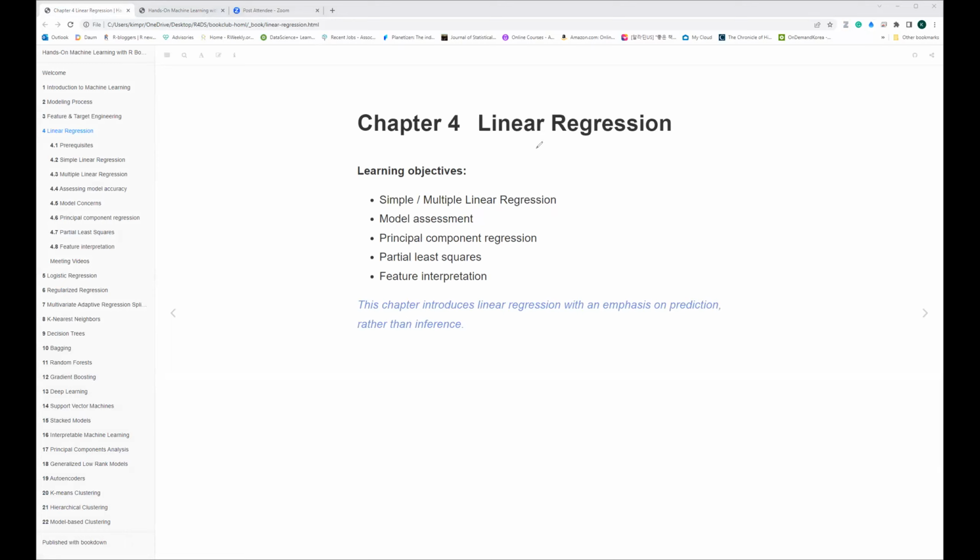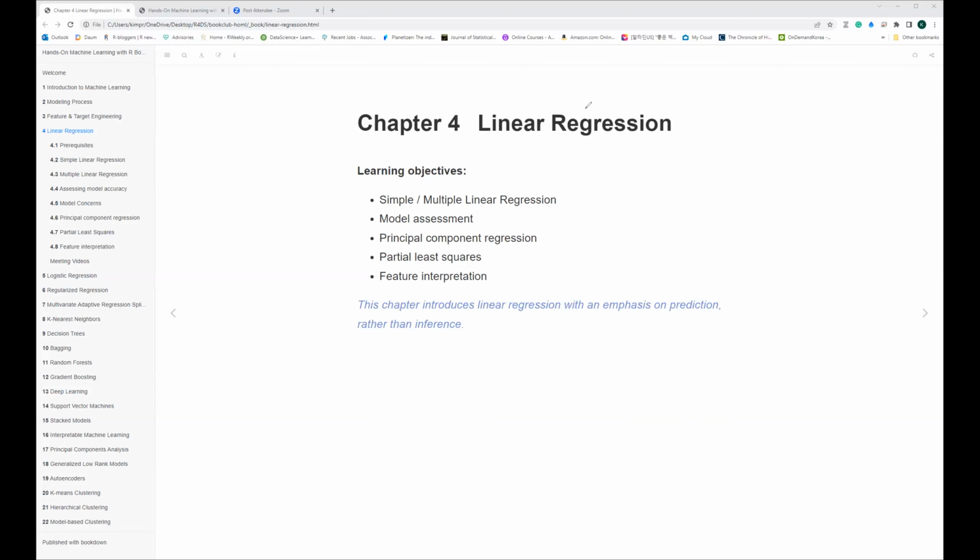And now let's move to chapter 4. Now the basic things, but very fundamental principles of machine learning, are done. Because chapters 1, 2, 3 are very critical and fundamental principles of the machine learning process.